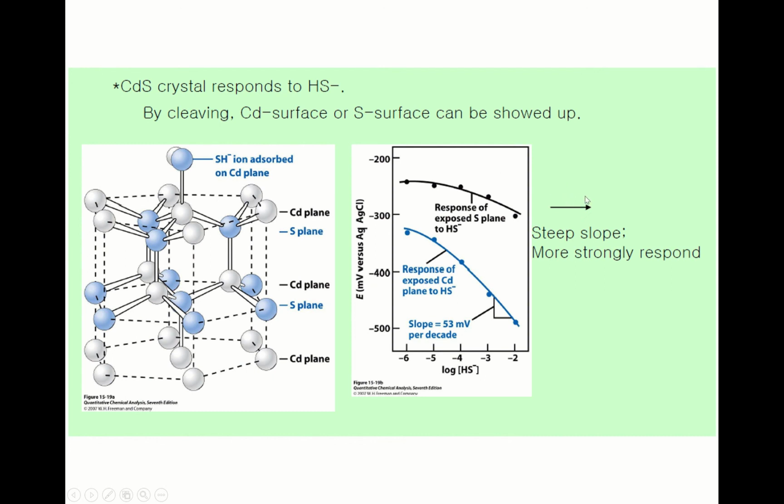Let me introduce a very special case in which a cadmium sulfide crystal responds to hydrogen sulfide ion. This is the structure of cadmium sulfide. If you cleave the surface, a cadmium plane or a sulfur plane can be exposed when you cut this cadmium sulfide with a razor blade.